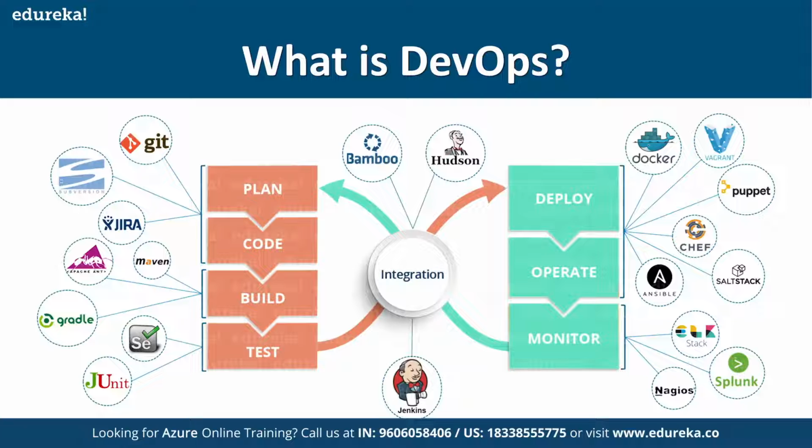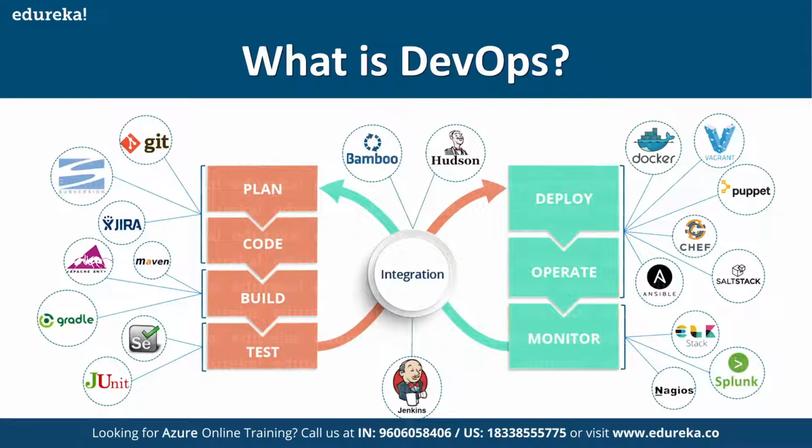DevOps is also a very good career now, and it's booming in the industry. DevOps usually requires some coding knowledge, but that doesn't mean it's a necessity for every member of the team. You don't have to be able to code, but you need to know what coding is and why it matters.